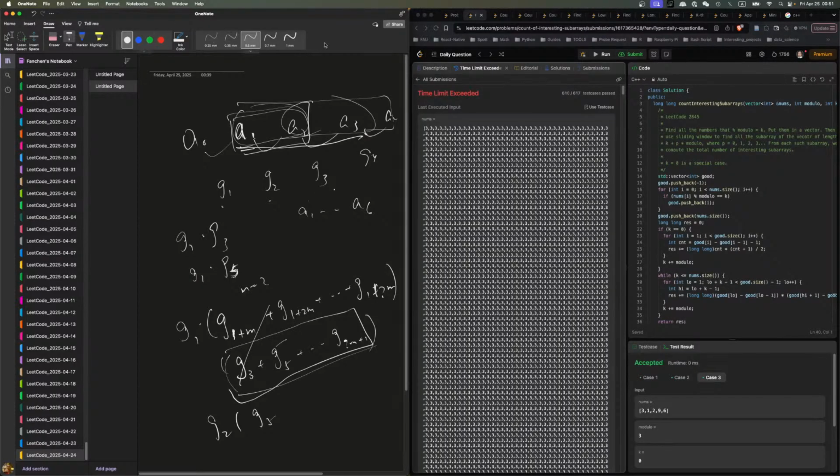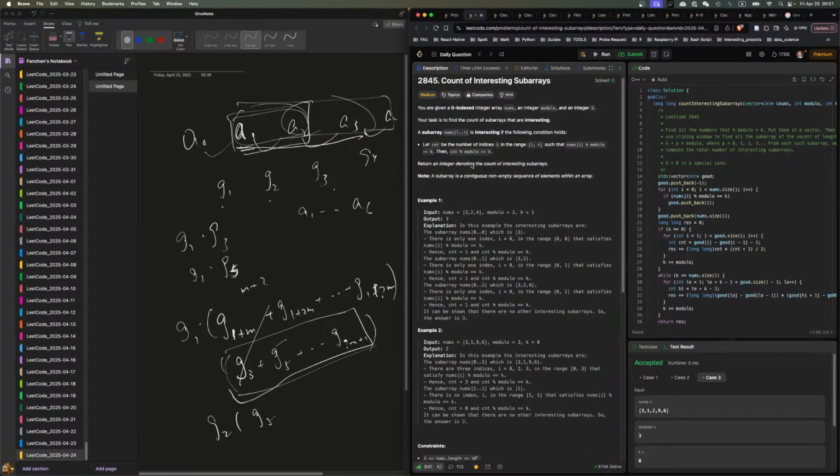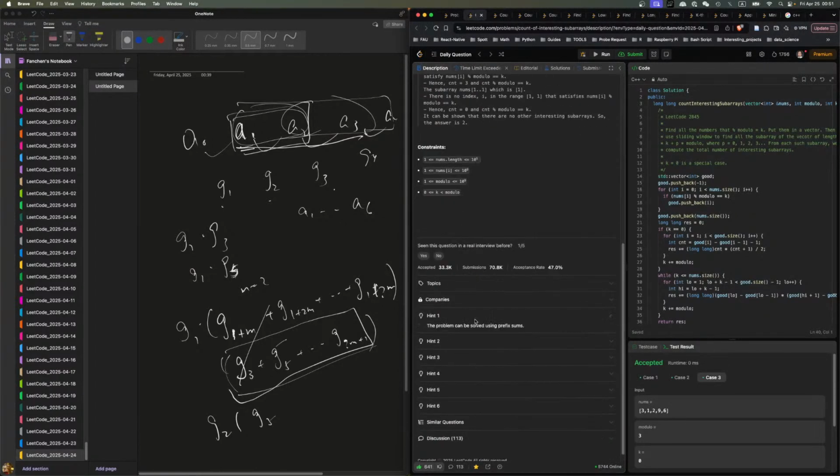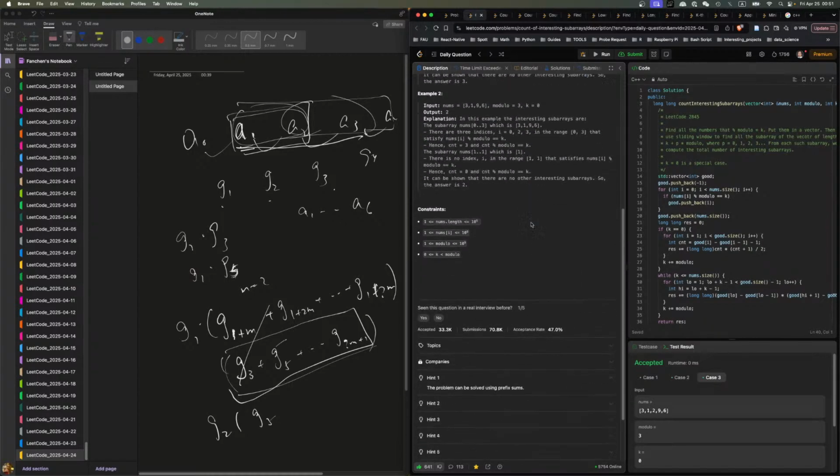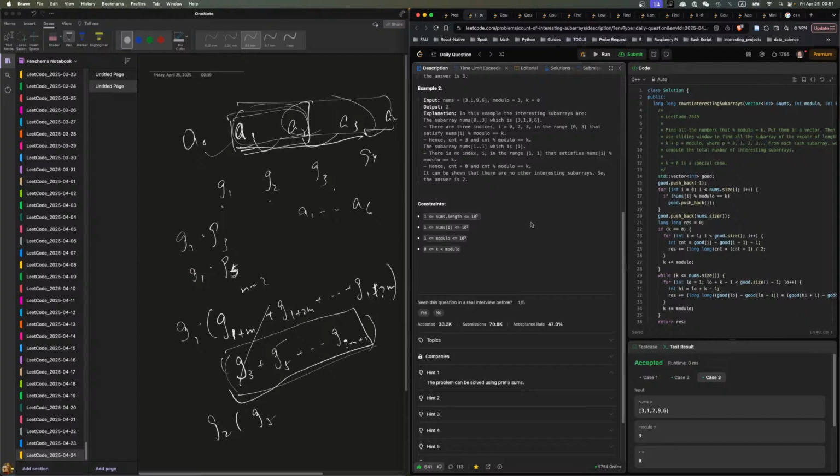How many different ways k plus modulo is? No. I have too many hints. Prefix sum. Okay, I did not consider prefix sum in this case. Prefix sum.